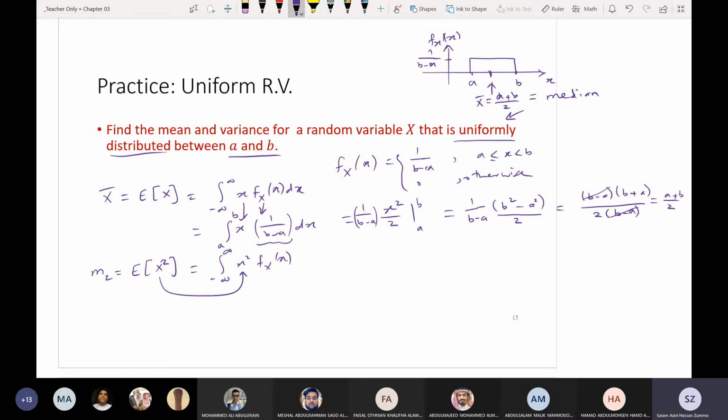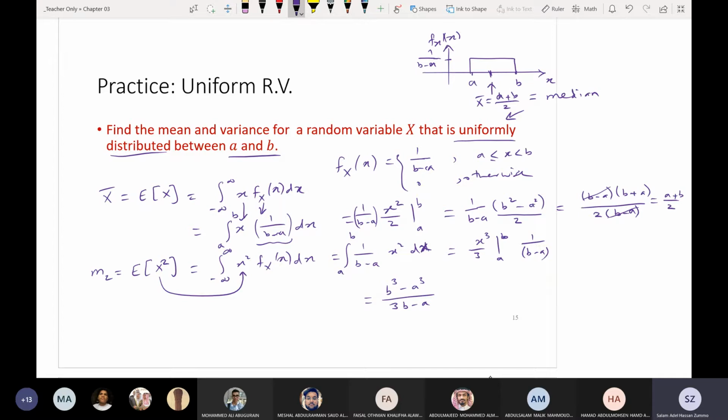So whatever is inside here, we bring it here, which will be 1 over b minus a, x squared dx, from a to b, which will be x cubed over 3 from a to b, divided by b minus a, which will be b cubed minus a cubed divided by 3 times b minus a.